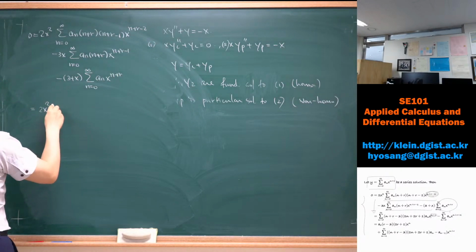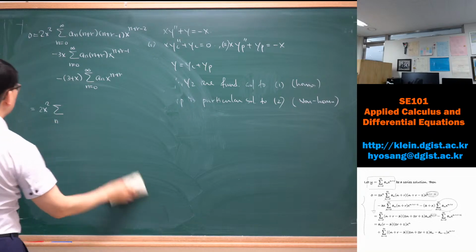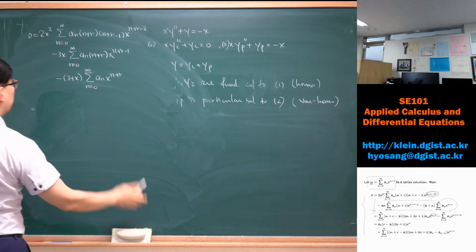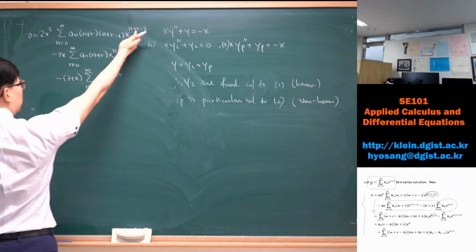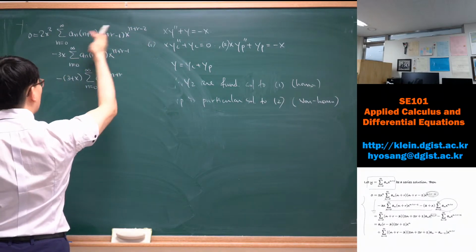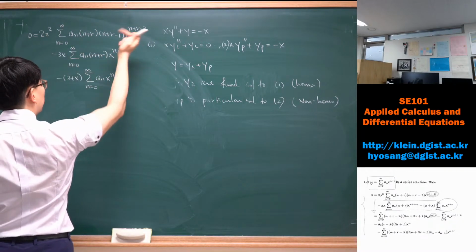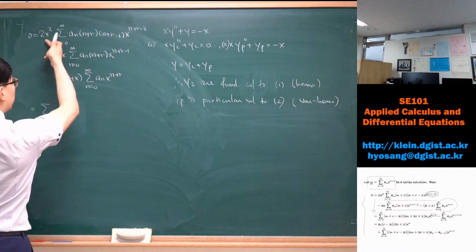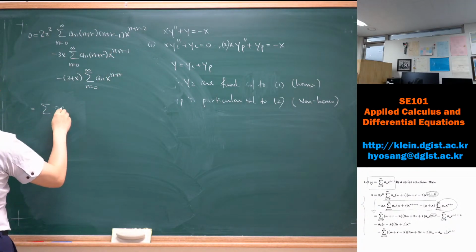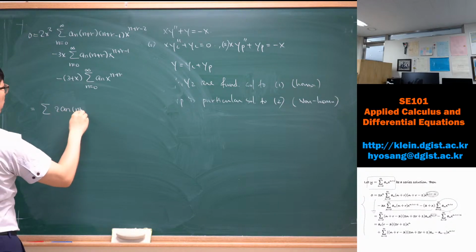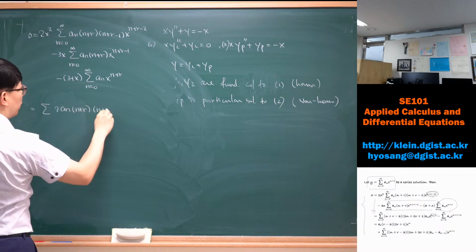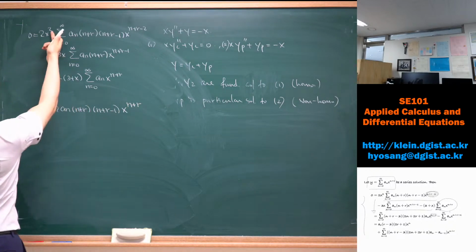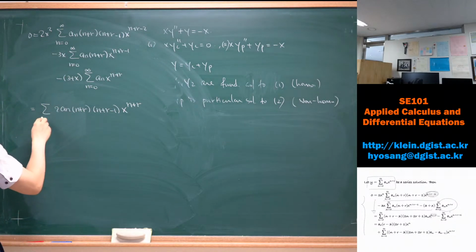Okay, so the first one I don't actually need to replace, because I have x squared, so I combine x squared with x to the n plus r minus 2. For the first summand, we have 2 a_n (n plus r)(n plus r minus 1) x to the n plus r, so the minus 2 cancels out.